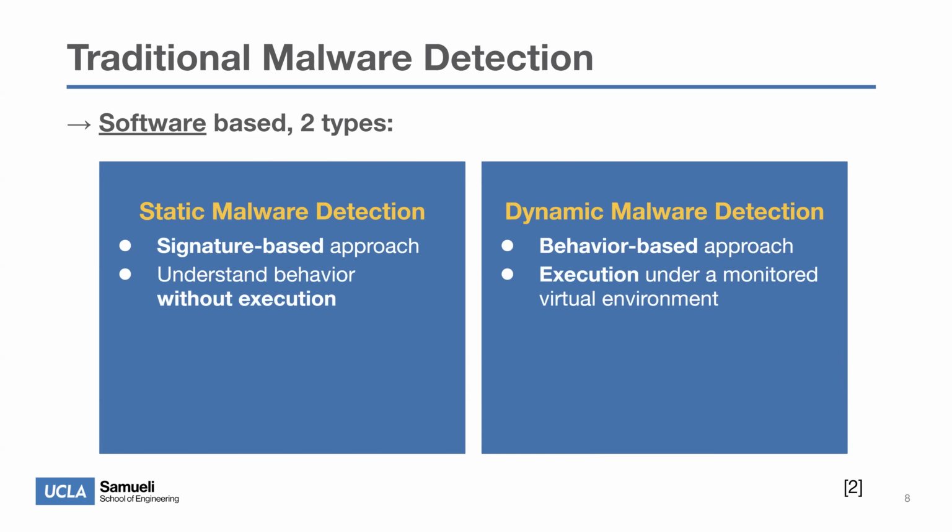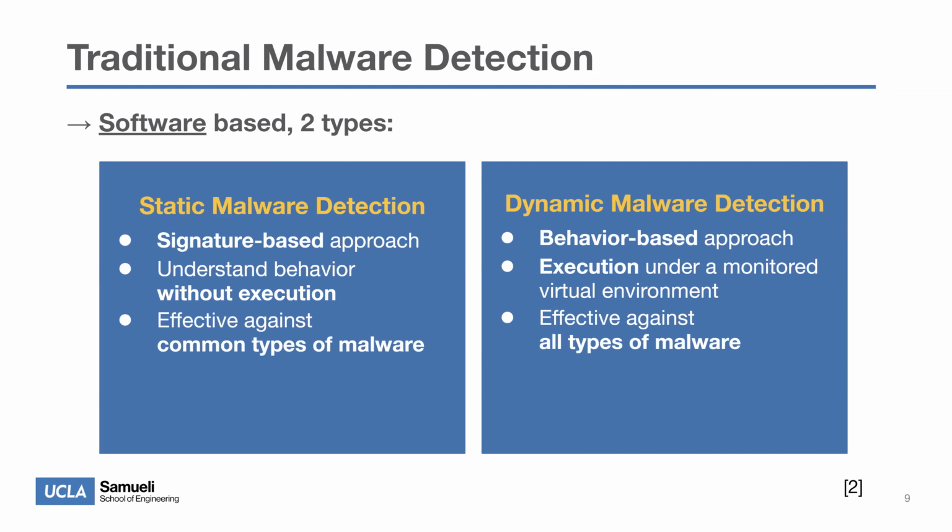A static approach searches for a signature, a unique identification of the malware binary file, without actually running the code. On the other hand, dynamic malware detection involves observing the system calls invoked by the malware program during its execution in a closed, isolated virtual environment so that it won't affect other systems.